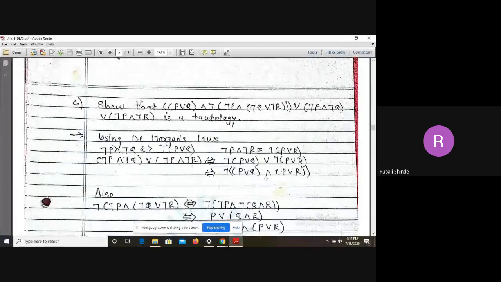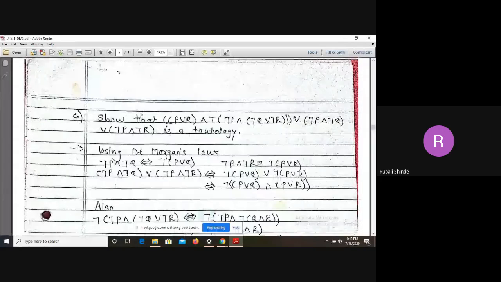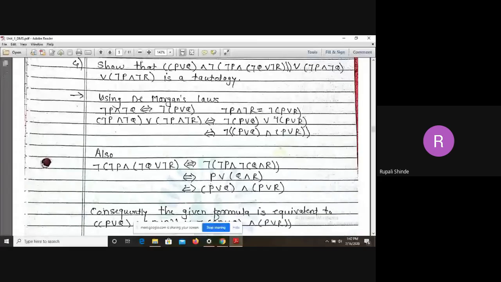So again we have to show that this is a tautology. So how can we show this one is a tautology?